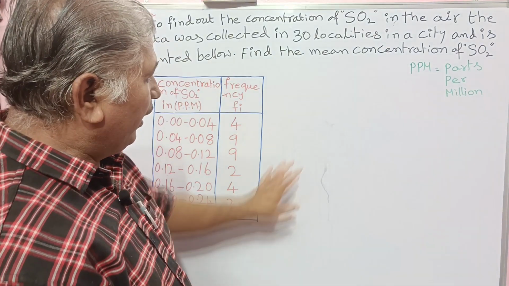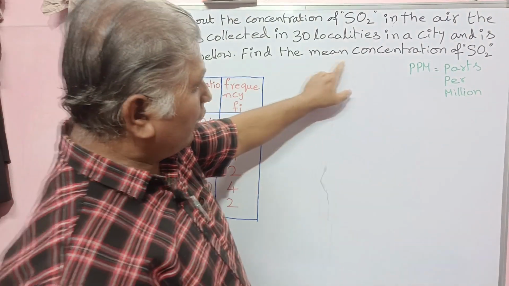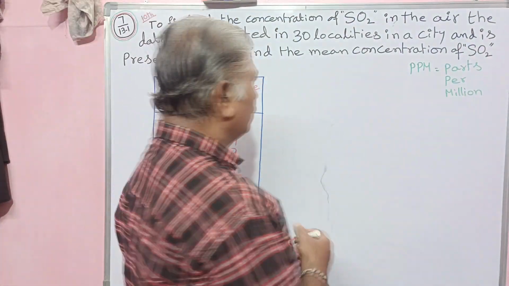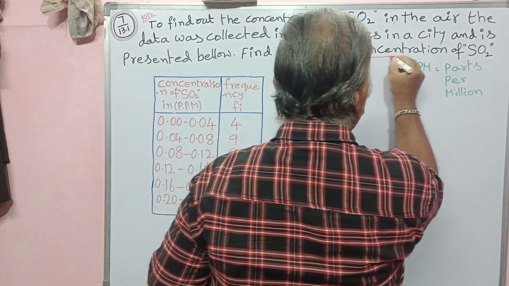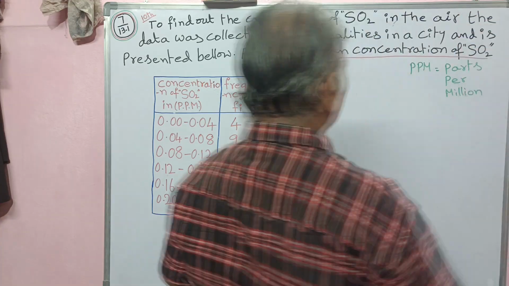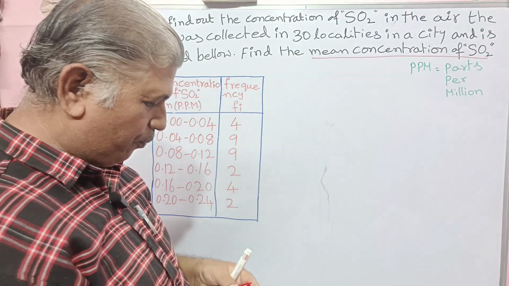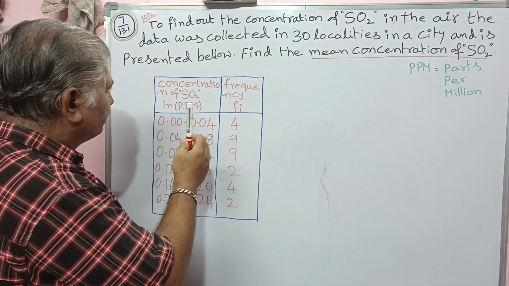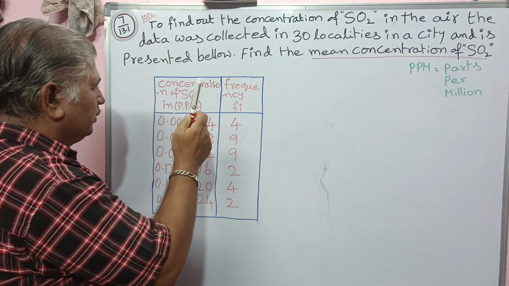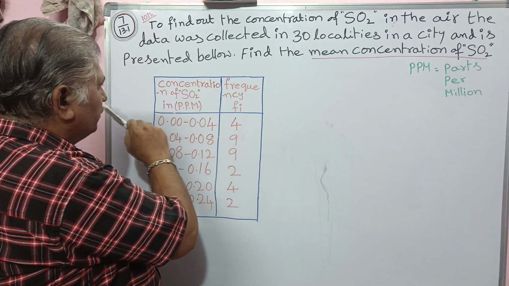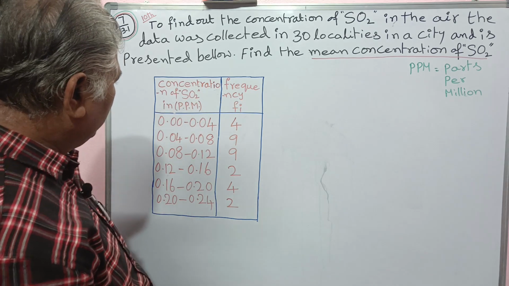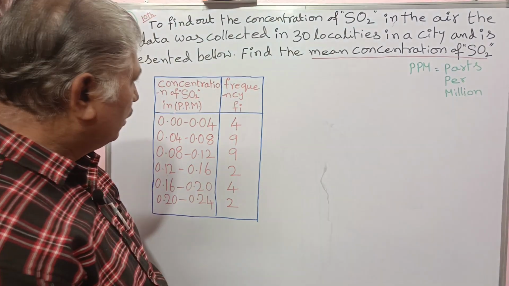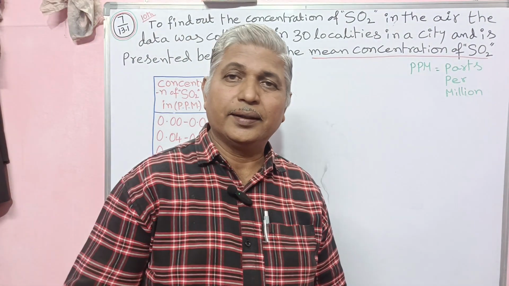Now we will find the mean concentration of SO2. The concentration of SO2 is small numbers, so we can use the direct method.